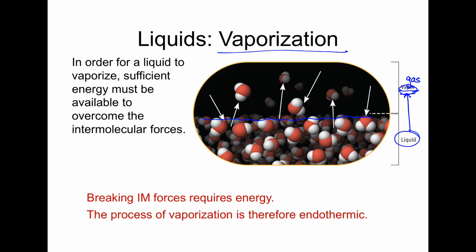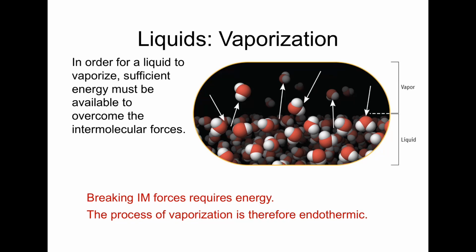So the difference there is a gas is just a container of gas, and a vapor has some liquid in it, and then some gas particles probably above the liquid because a gas is less dense. So this is how we kind of define a gas. This is a vapor. Really, they're the same thing. There's just a little bit of context there. Vapor means that it has some liquid next to it.